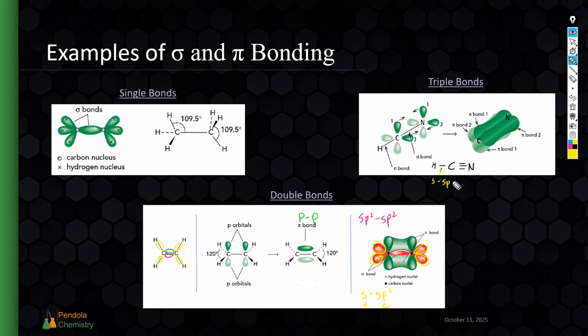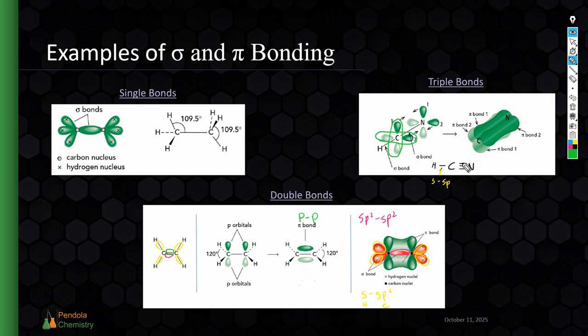Sp hybridization means that this right here is going to have two p orbitals left over. And that's what these are. We have one p orbital here, one p orbital here. Those can overlap with the p orbitals on nitrogen to create two pi bonds.